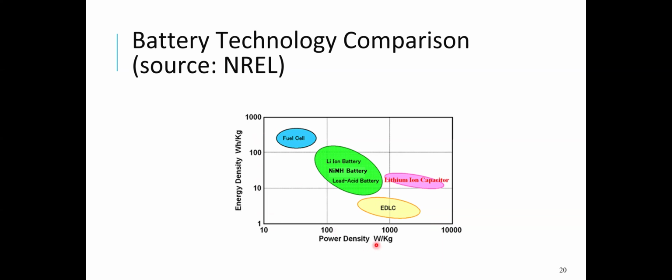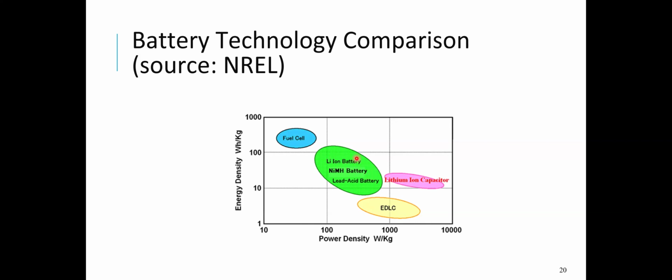If I am extracting power at a very slow rate, I can get a very dense system like a fuel cell that has very high energy density, but I can extract that energy at a very slow rate over here.